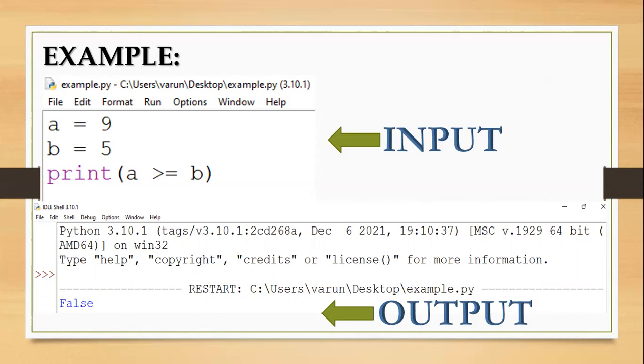Here, the output returns false because the left operand is greater than the right operand. It means it's false.